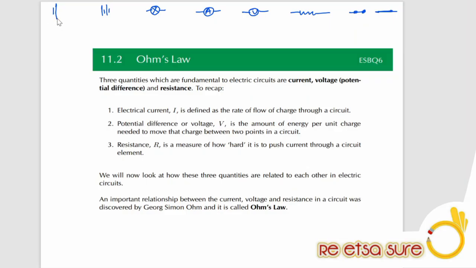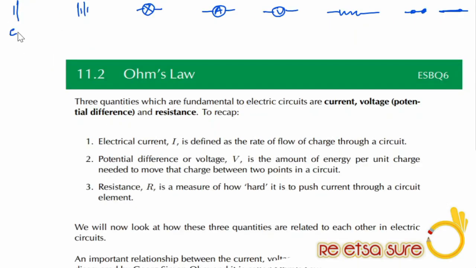What is the name for this one? This one we call a cell, and a combination of cells we call a battery. And what's this one? This one is our bulb. What is the name for this one? This one is our ammeter. This one is our voltmeter.